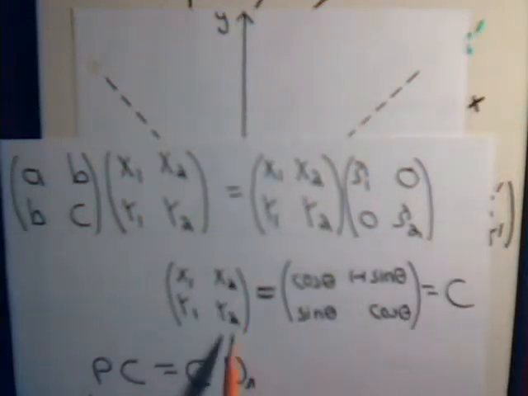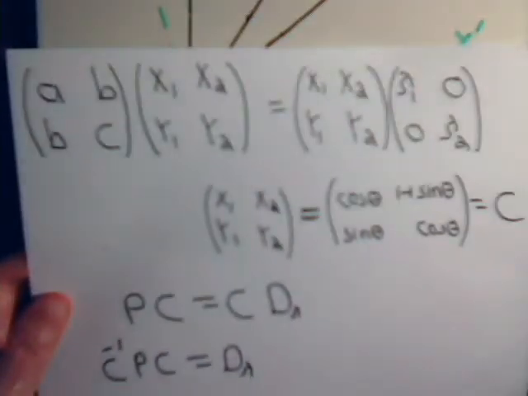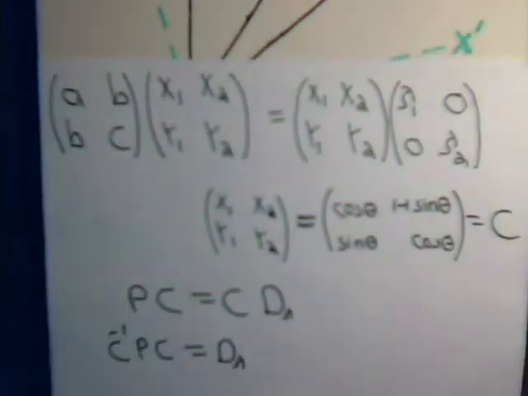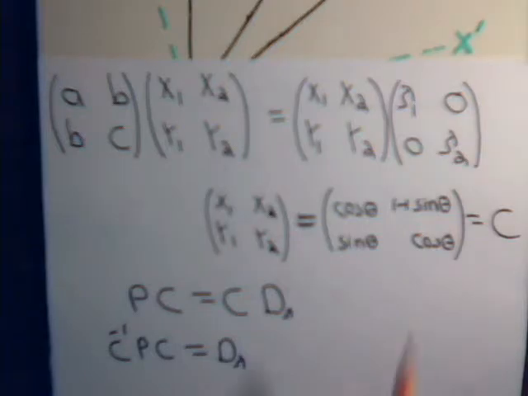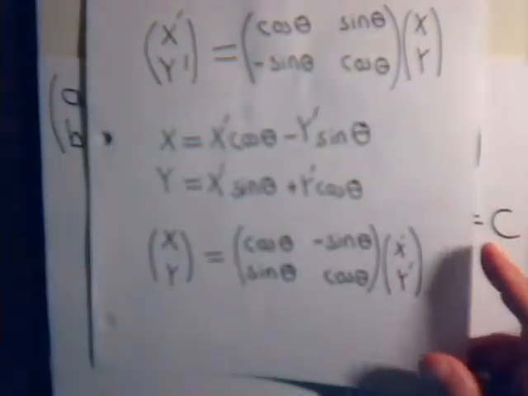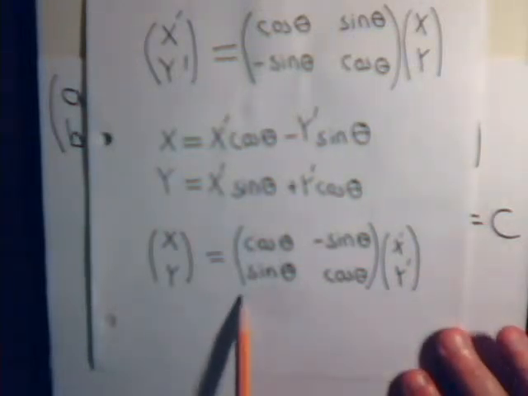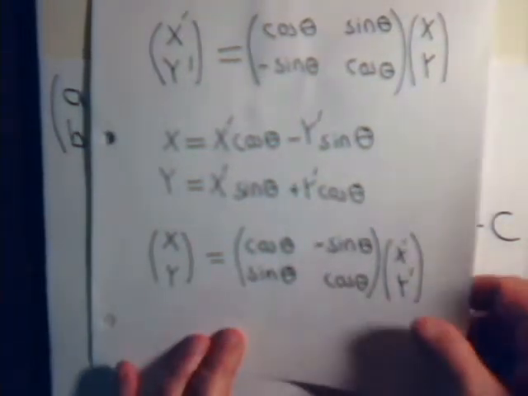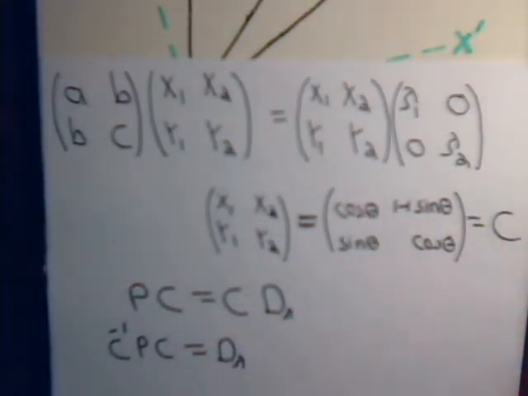And x2, y2, that is minus sine theta, cosine theta. But this hopefully looks familiar because this is this, same thing. So this is the matrix C.